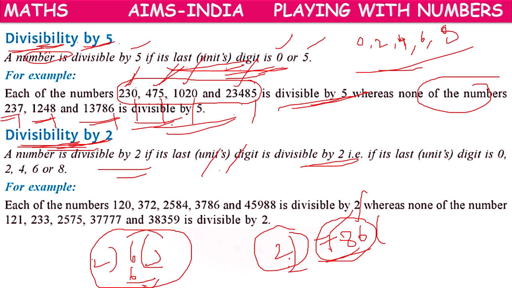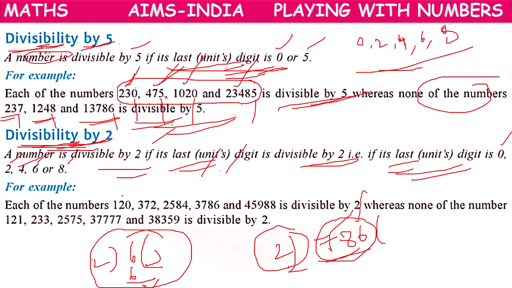So if its unit digit is divisible by 2, then the number is divisible by 2. Or if the unit digit is any one of 0, 2, 4, 6, 8, then also it is divisible by 2.